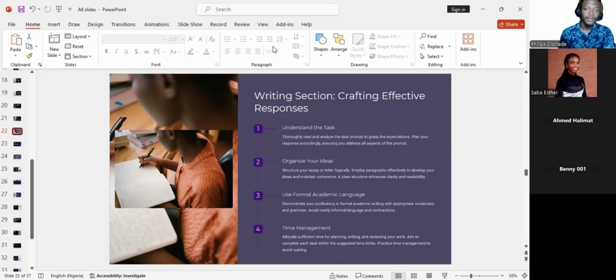So let's move on. Now, use formal academic language. I beg you, in the writing section, use only formal language. Let me give you a tip. When you're writing in formal language, you don't abbreviate. Are you with me? You don't abbreviate. You don't say, I can't do this.